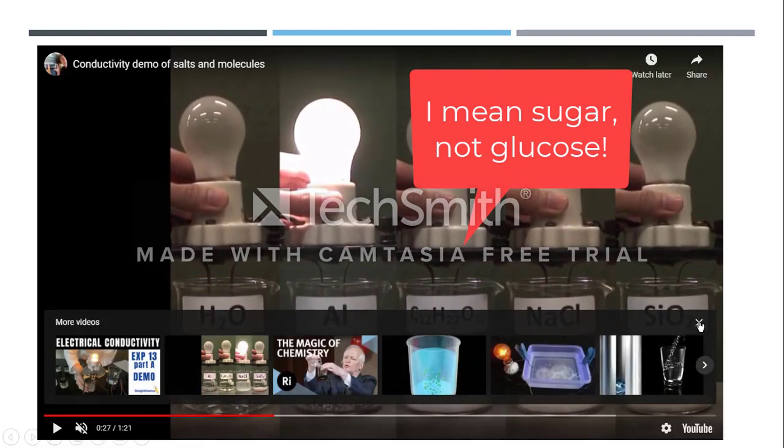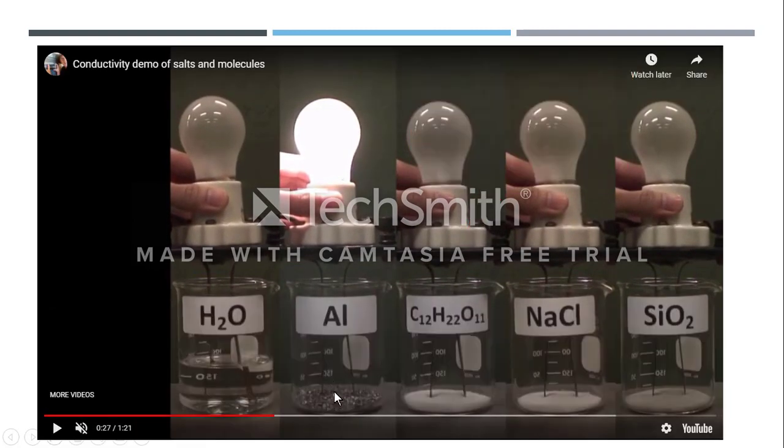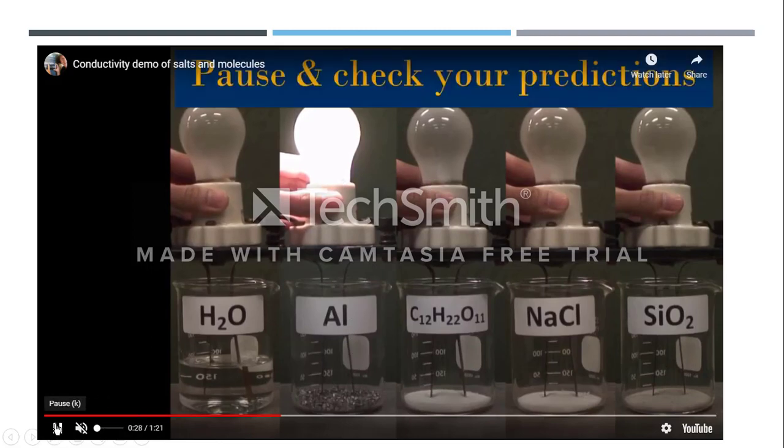And as you see here, aluminum, which is the metal, it conducts electricity, and our bulb lights. Water does not conduct electricity, neither does solid glucose, solid sodium chloride, or solid silicon dioxide, right? So only when it can conduct electricity, then the bulb will light.